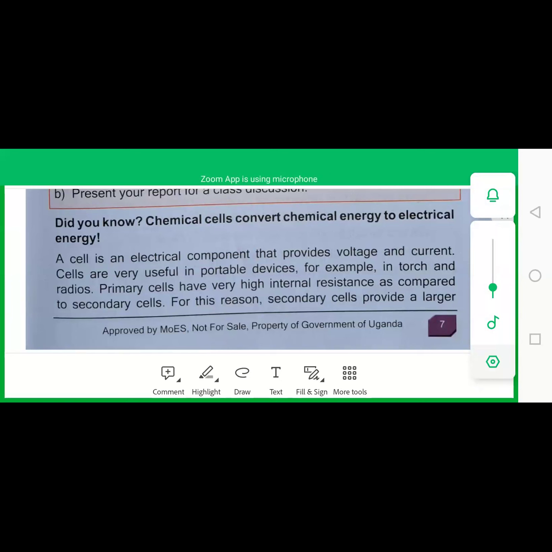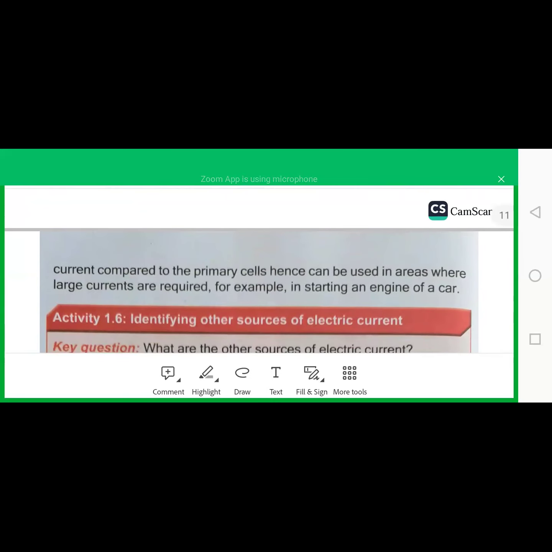Cells are very useful in portable devices, for example, in torches and radios. Primary cells have very high internal resistance as compared to secondary cells. For this reason, secondary cells provide a larger current compared to the primary cells, hence can be used in areas where large currents are required, for example, in starting an engine of a car.